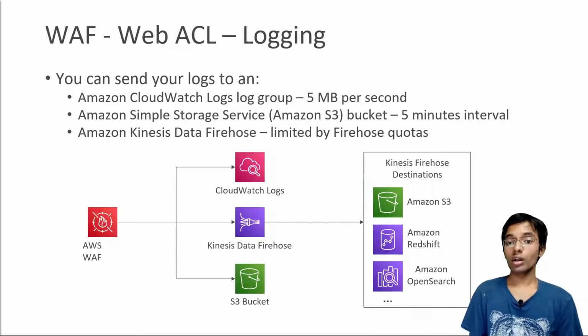Okay, so what about logging for Web Application Firewall, WAF? This is also something that can come up in the exam. Web Application Firewall can send logs to Amazon CloudWatch log groups, with a limit of 5 megabytes per second maximum.